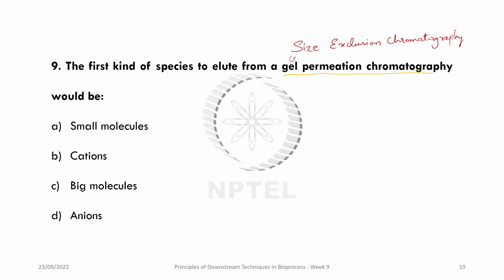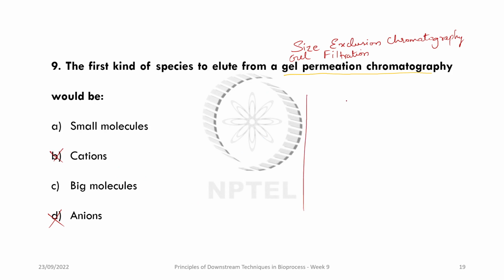Gel filtration chromatography. So everything is talking about size, filtration, sieving, right? So it is definitely not about cations or anions. So what is it, big or small?